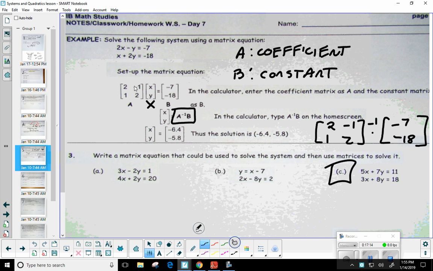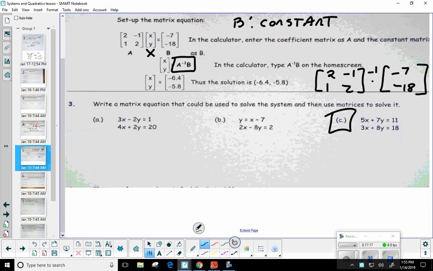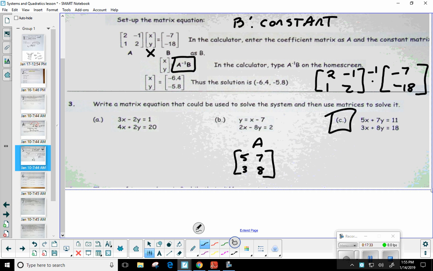So let's get right into it. We're looking at C. So I want to write matrix A. So it's a 2 by 2. What would be my top row? 5, 7. Okay, and then the bottom row would be 3, 8. See, I'm taking those numbers right off the equation. Now with this, you definitely want to have them in standard form, that AX plus BY equals C notation.